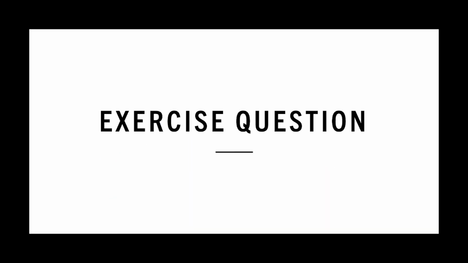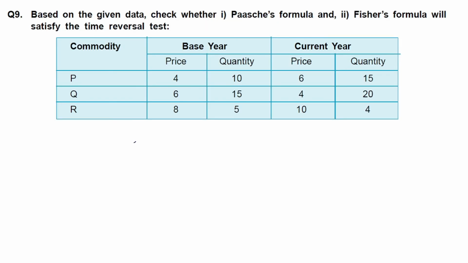Now we will see the exercise question on time reversal test. Question number 9 from the exercise of student support material unit 6. Based on the given data, check whether Paasche's formula and Fisher's formula will satisfy the time reversal test.